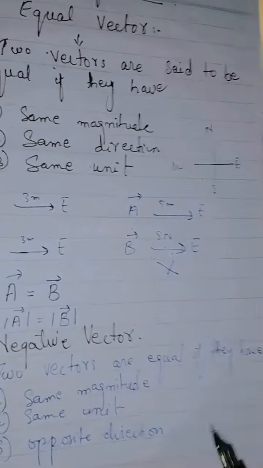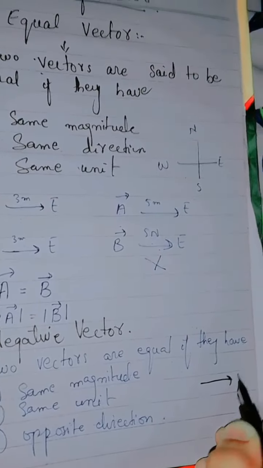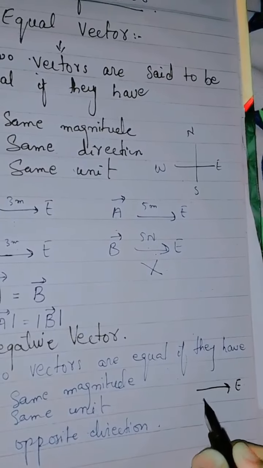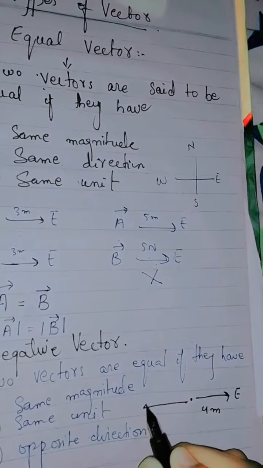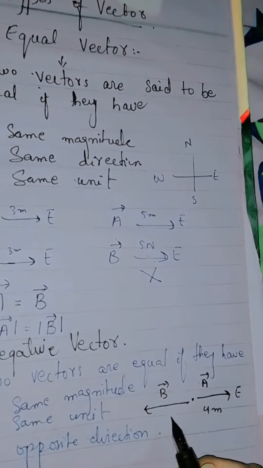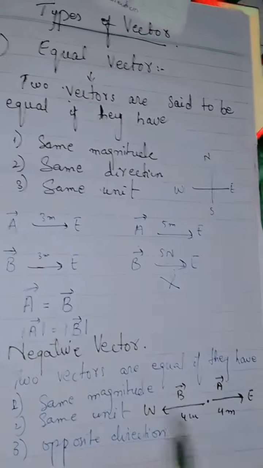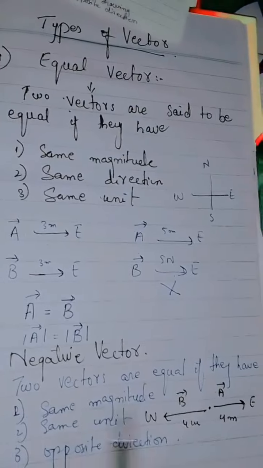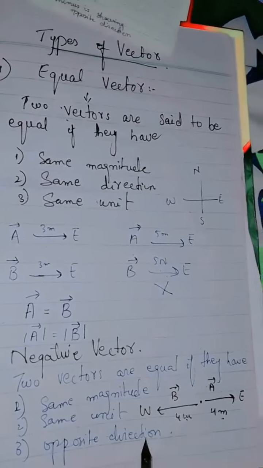For example, there is one vector, A vector, in the direction of east, 4 meter, and another vector, B vector, which has 4 meter and the direction is west. So that is called negative vector. How? It has same magnitude, same unit, but opposite direction.